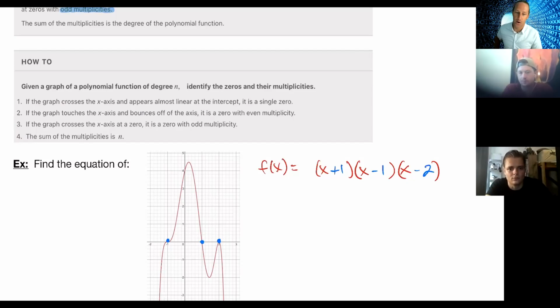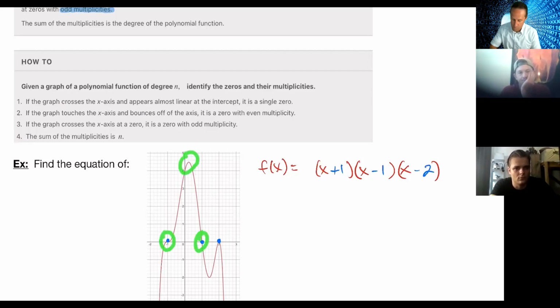And how many turns are there? And -1. Very good. How many turns do we have for this one? 5. 1, 2, 3, 4, 5.